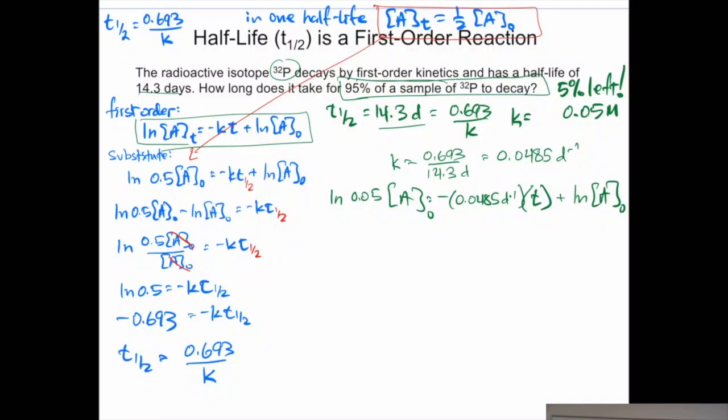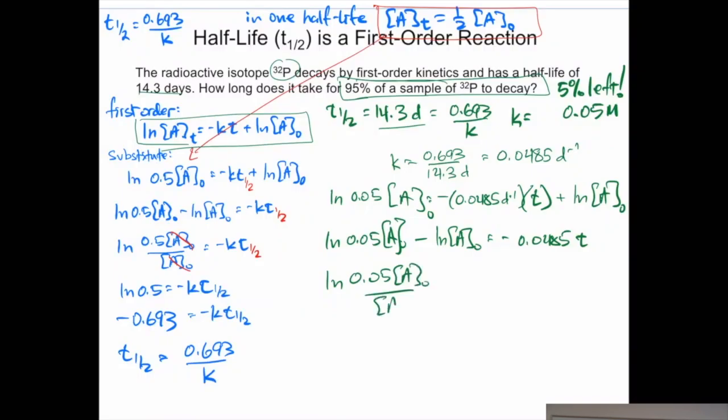Now we can do the same trick that we did before. Natural log of 0.05 A sub 0 minus the natural log of A sub 0 is equal to minus 0.0485 T. That's the same as the natural log of 0.05 A sub 0 divided by A sub 0 is equal to minus 0.0485 T. These cancel out.